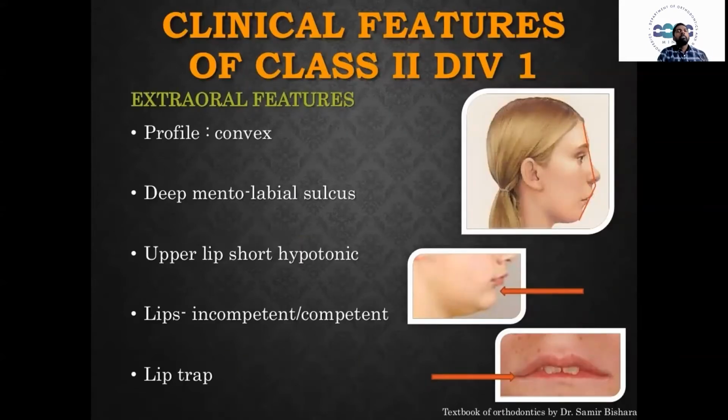Coming into detail of the muscle activity, I said that there will be hypotonicity of the upper lip, and another feature is abnormal buccinator activity. Because of the abnormal buccinator, it will constrict the maxillary arch, and the maxillary arch will be constricted or V shaped. Apart from this, there will be a hyperactive mentalis. These patients have hyperactive mentalis activity.